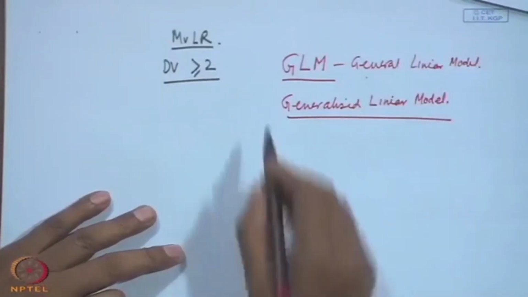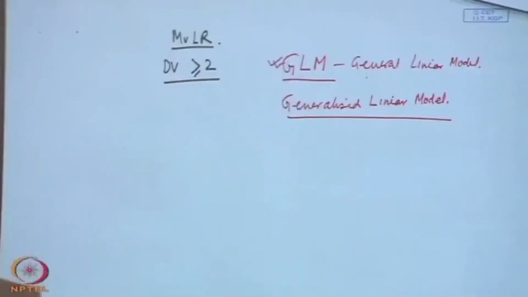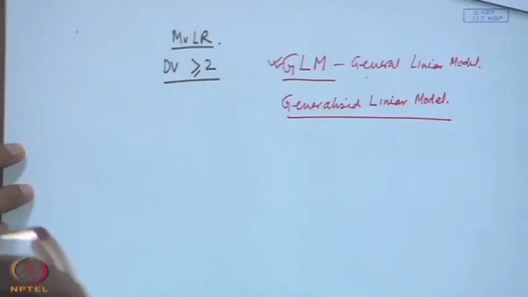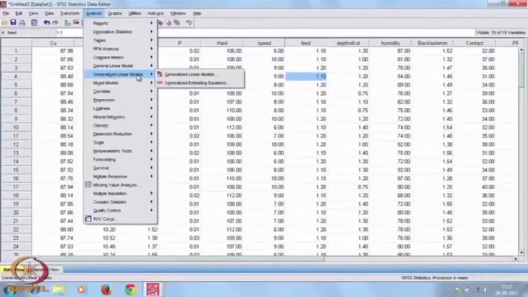We will go for General Linear Model, not Generalized Linear Model. Their difference is that Generalized Linear Model is mainly used when the dependent variable is non-normal, that time logistic regression or Poisson regression, those things come under Generalized Linear Model.